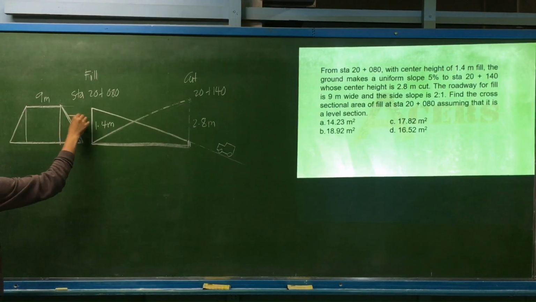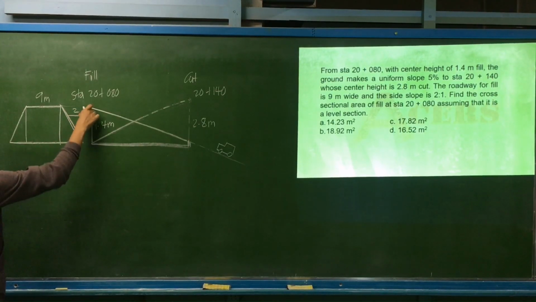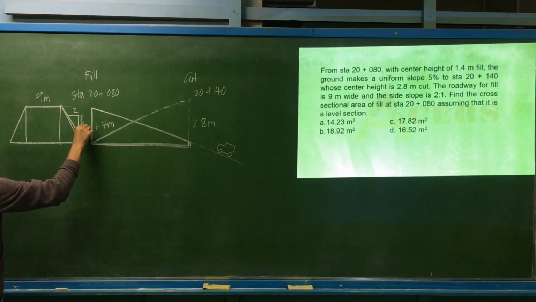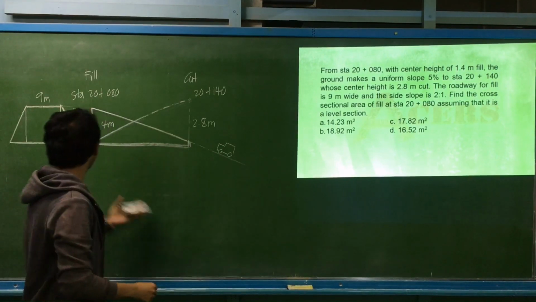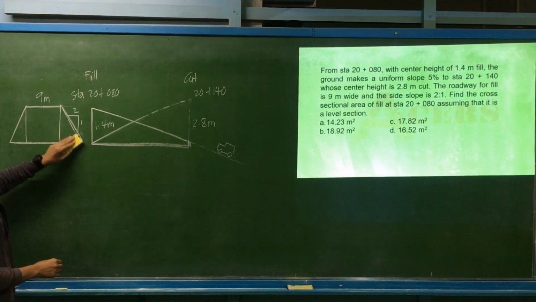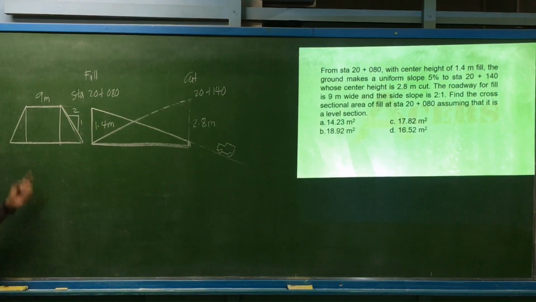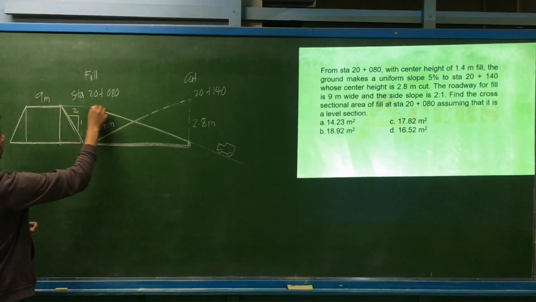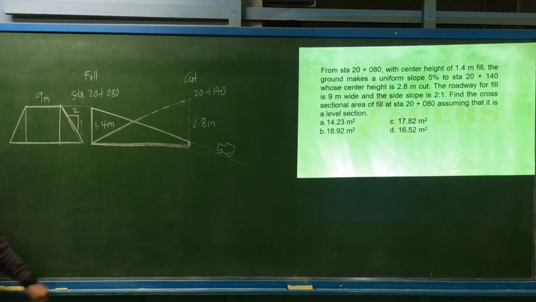So the slope is 2:1, that is 2 horizontal, 1 vertical. Ayan, so hinahanap lang naman yung area nito at station 20 plus 80, the height is 1.4 meters.